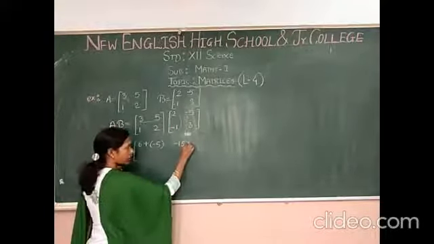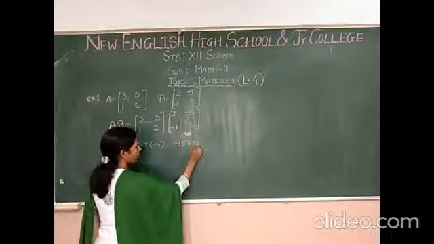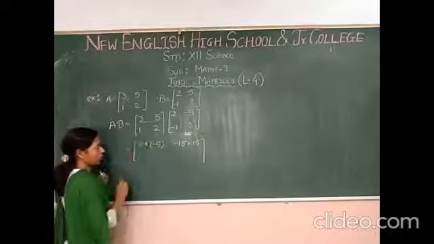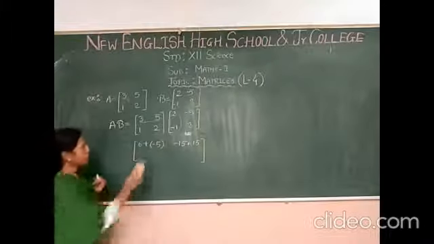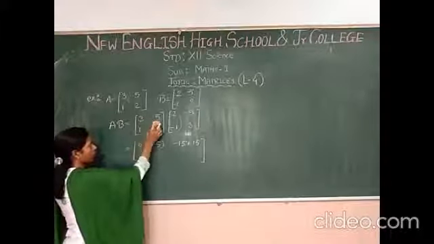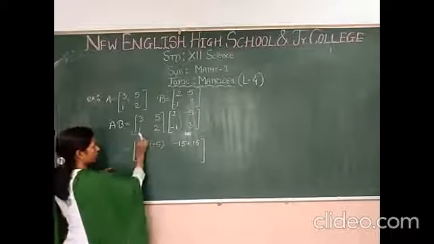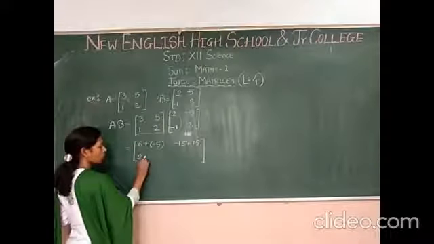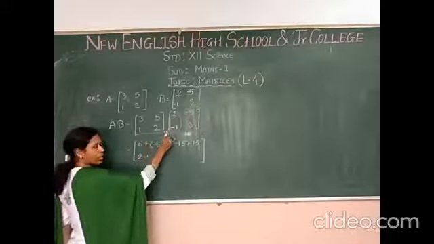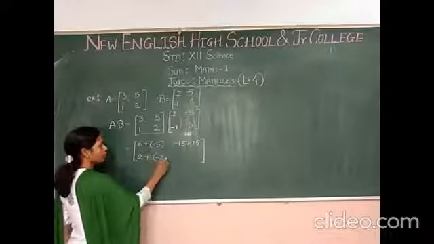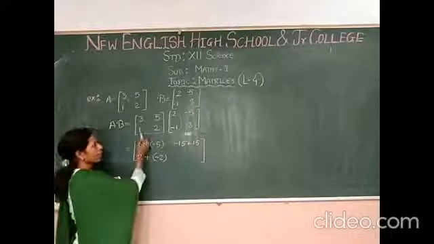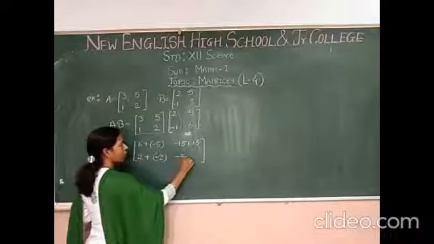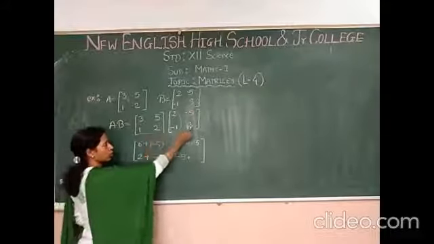Next, we'll start with the second row. 1 into 2 is 2, plus 2 into minus 1, minus 2. 1 into minus 5, minus 5, plus 2 into 3, that is 6.